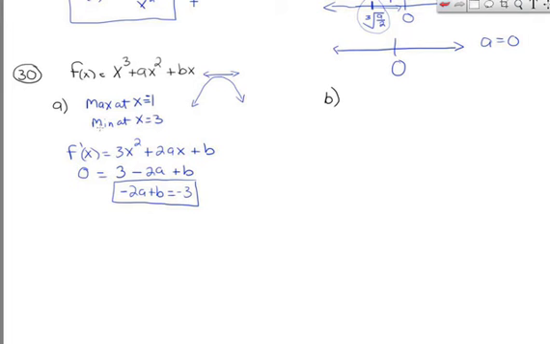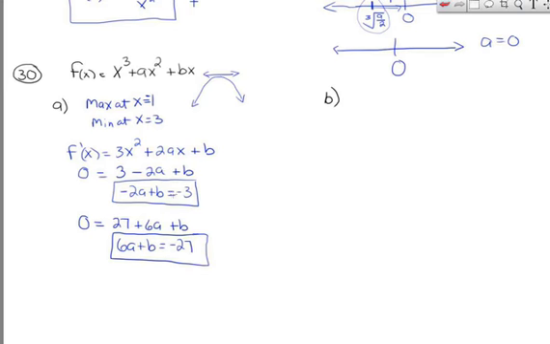But I also was told that there's a minimum value at x equals 3. So when I plug x as 3 into my derivative, I know its slope has to be 0. So that gives me, plugging in 3 squared is 9 times 3 is 27. 3 times 2 is 6, so plus 6a plus b, or 6a plus b equals negative 27.